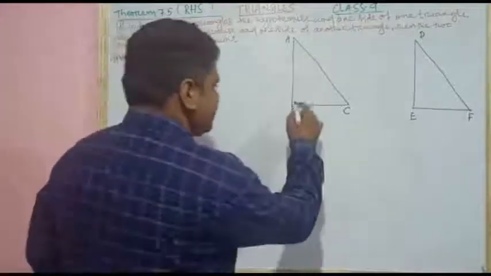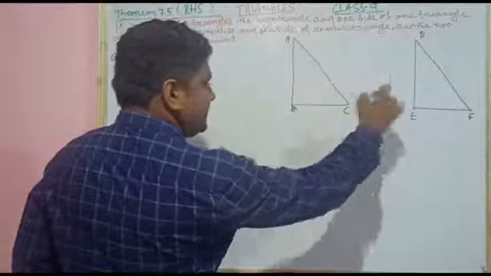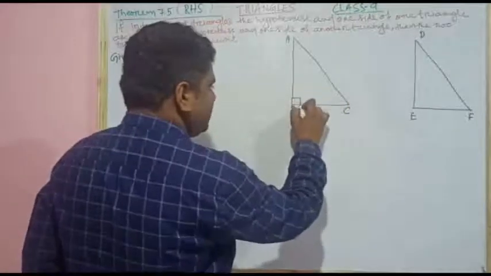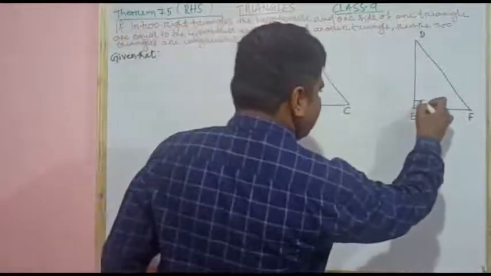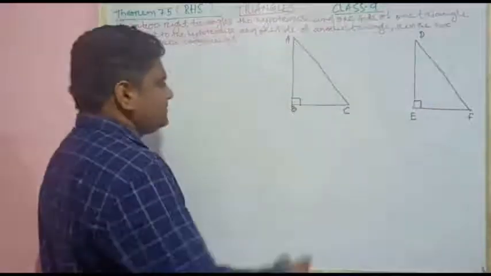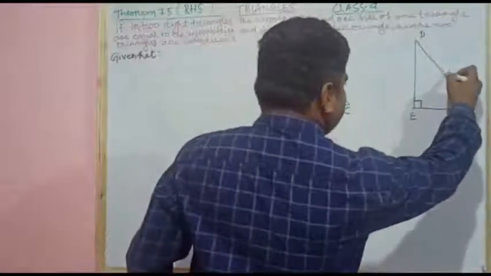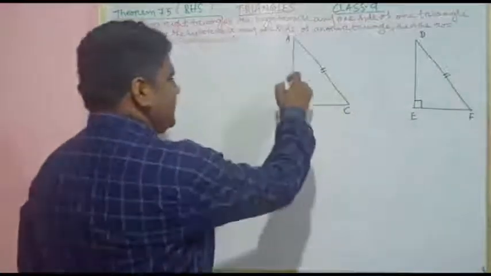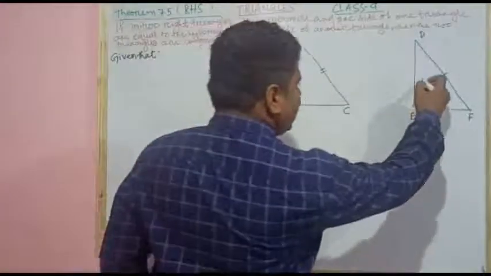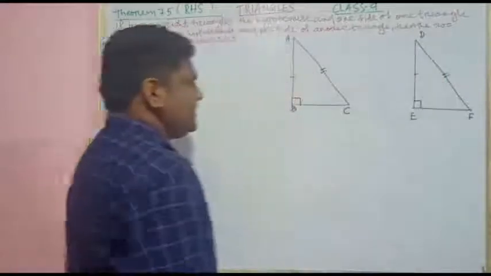In two right triangles, let's take triangle ABC and triangle DEF, in which angle B and angle E are right angles, and the hypotenuses AC and DF are equal, and one side, let AB and DE, are equal.